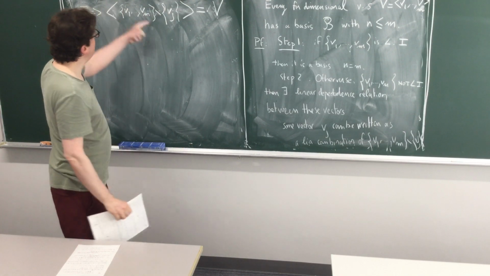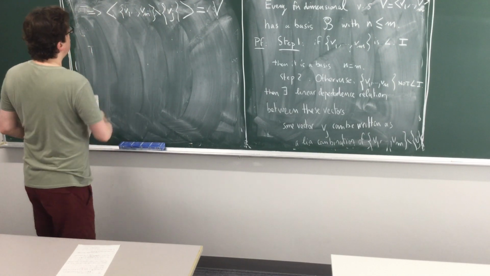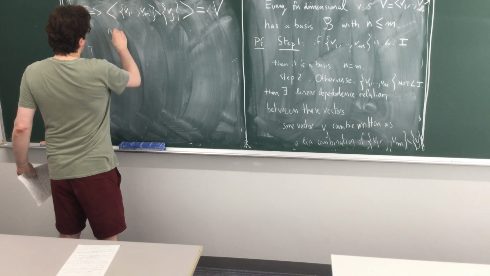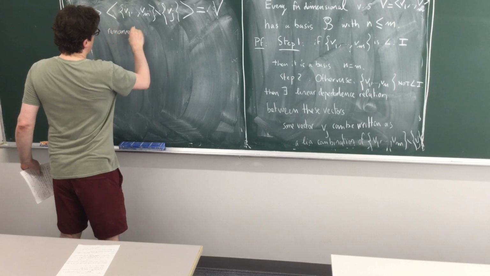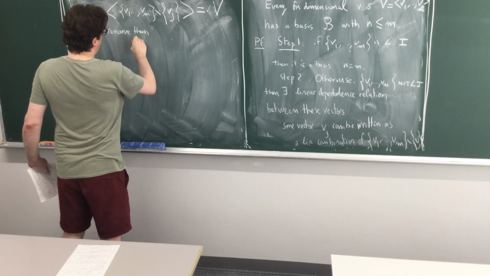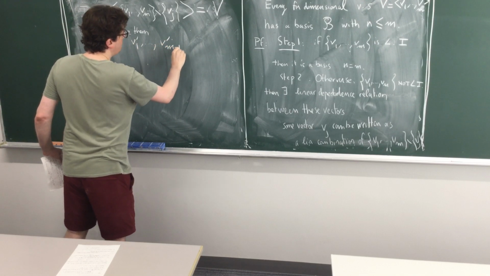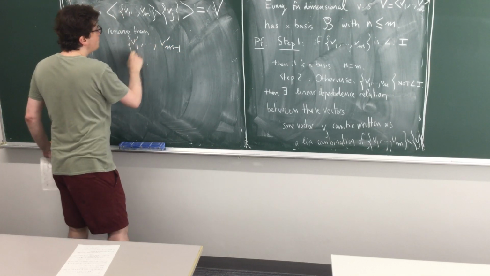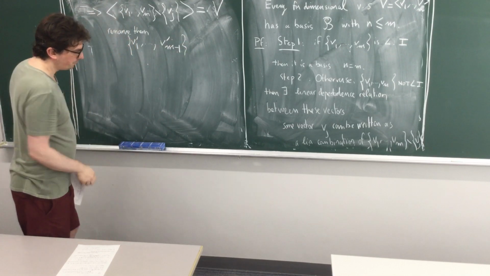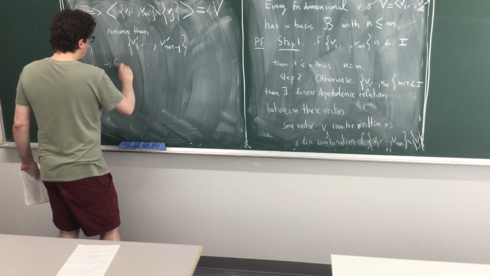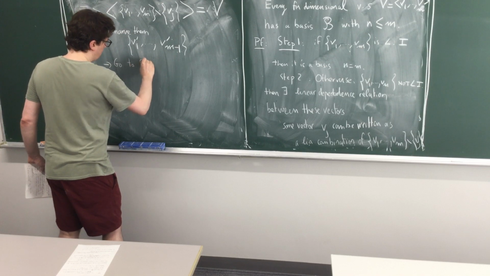But you have one vector less, so you can rename them v'1, ..., v'(m-1). So this time you have m minus 1 vectors. And then you go to step 1 again.